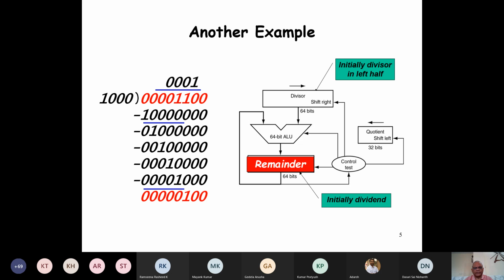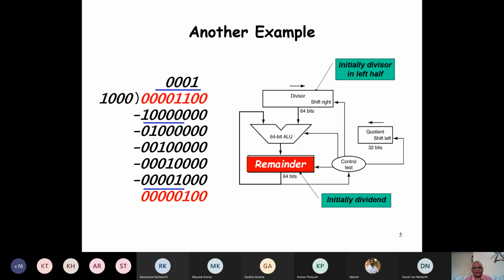And then we perform a subtraction. Obviously, the result is negative. And then we shift. We put a 0 here on the quotient. And then we shift the divisor one bit right.